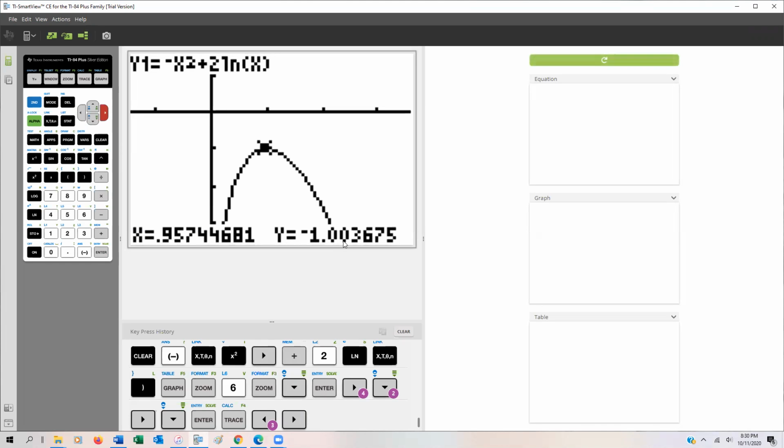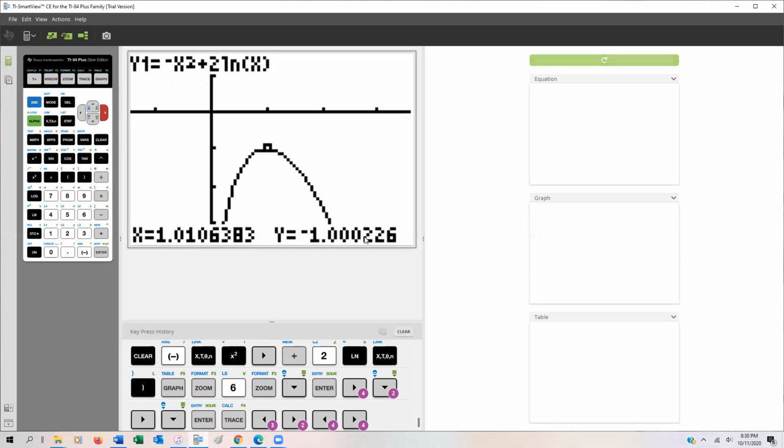So now we have negative 1.003. Let's go a little bit further over here. So we have negative 1.08, and now it's getting bigger at negative 1.04 and negative 1.01. And then finally, it's almost at negative 1 right here when x is almost 1. But what happens when x starts to get a little bigger?